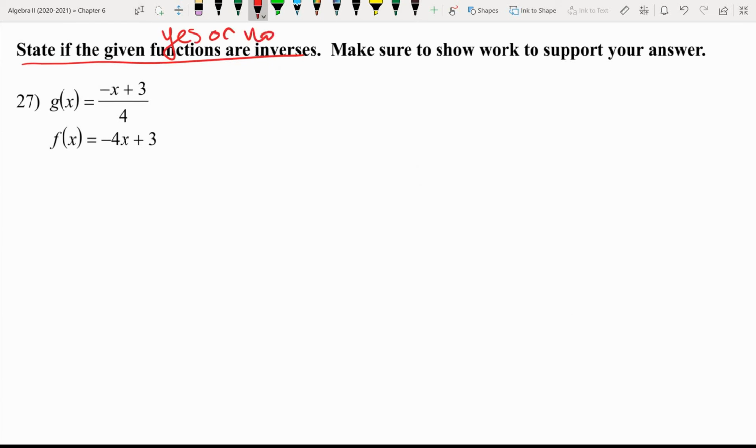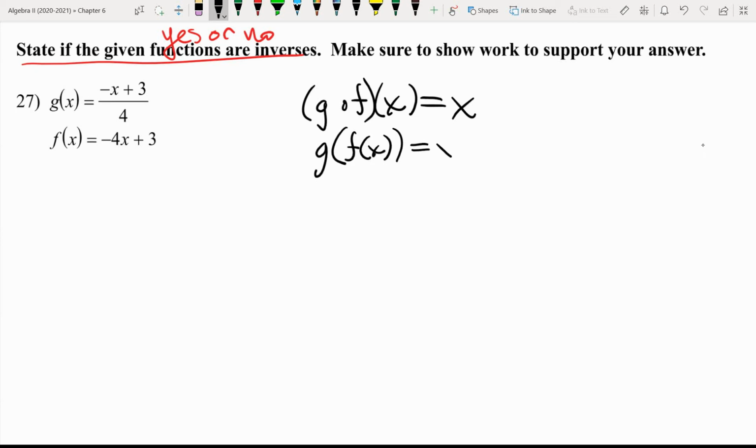So one way to do it is, remember that if we can show that g of f of x simply equals x, then they're inverses. In other words, this is plugging f of x into g of x.